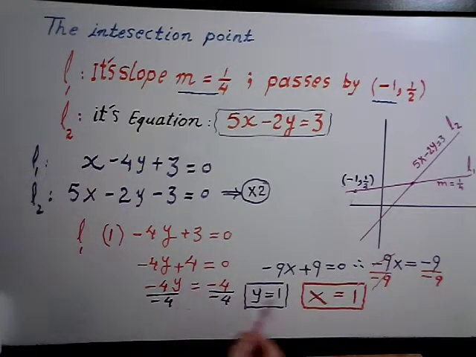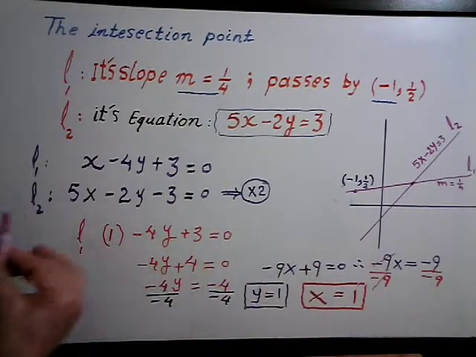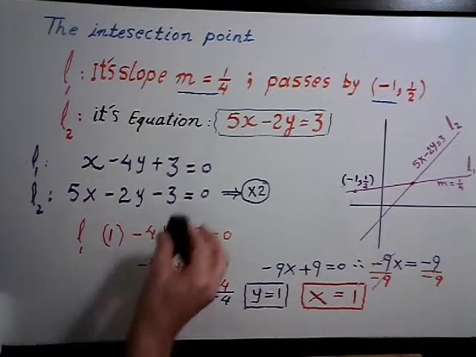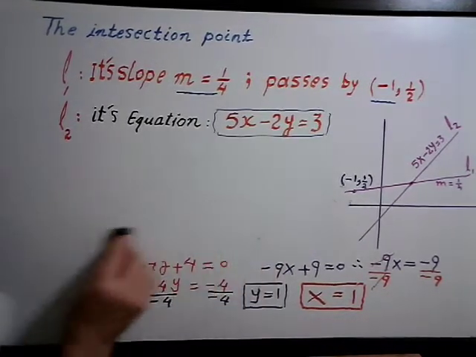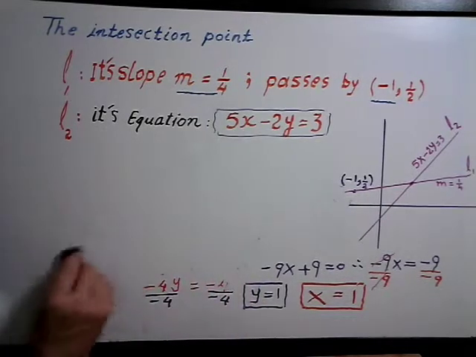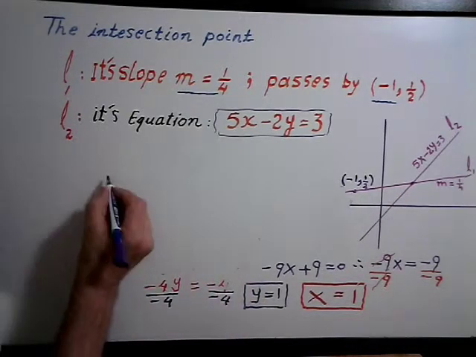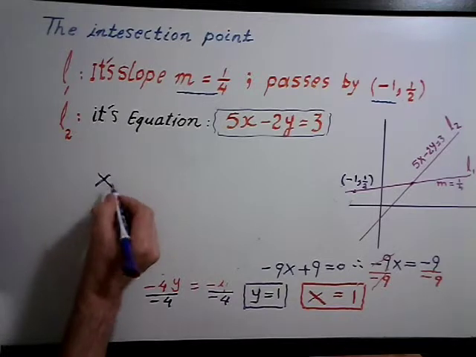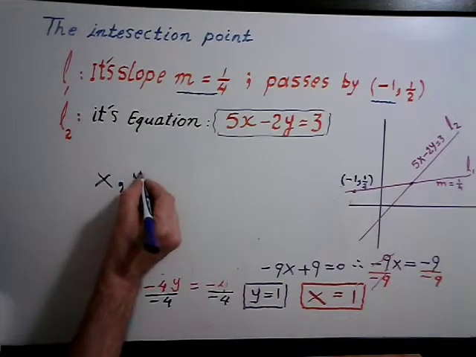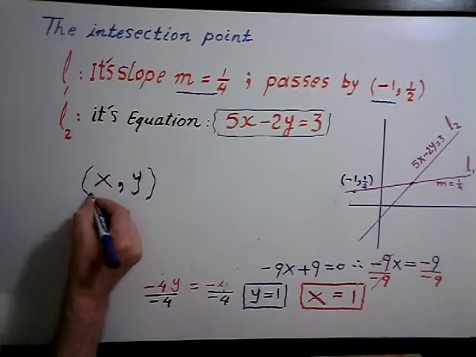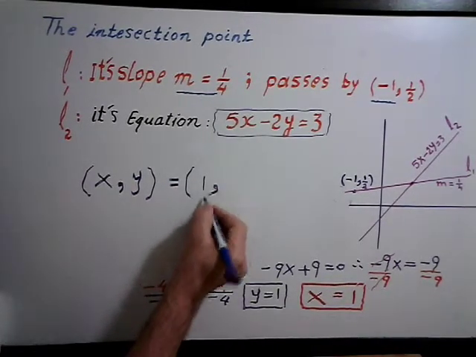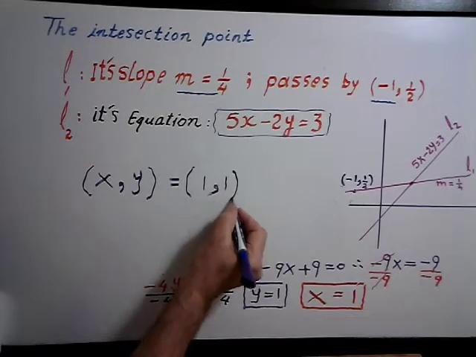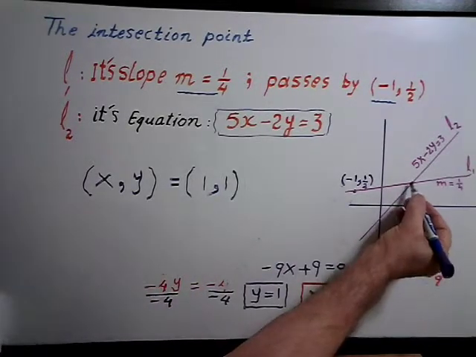As we got the values of x and y, the intersection point is (x, y) equal to (1, 1), which is shown here in the diagram.